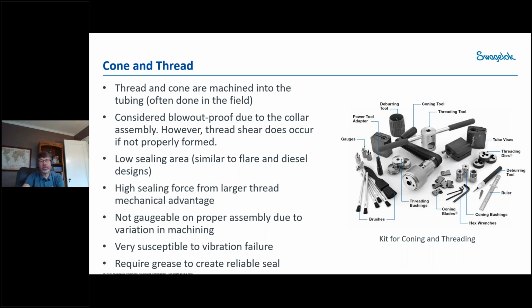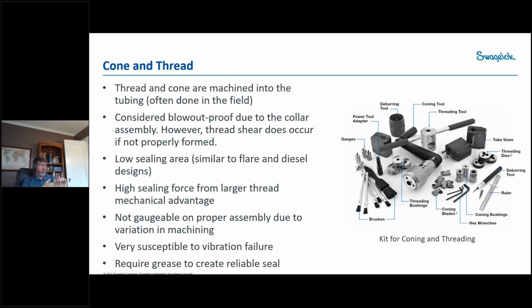So again, the thread and cone are usually put onto that tube in the field, which is not always the easiest thing to do. It does offer a blowout proof, and it's an identifiable sealing area because of the tolerances of the machined pieces. It does still have that low sealing area though, and it also doesn't support tubing very well, so it is not very high performing in vibration.